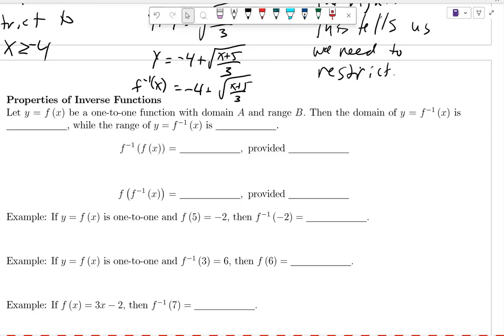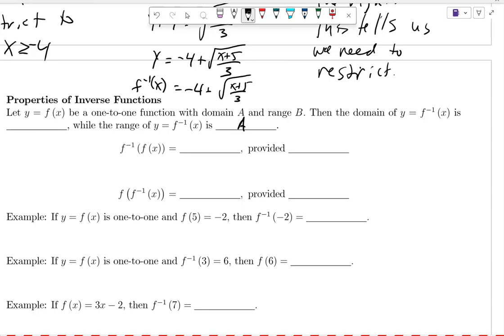Range is what comes out, right? Okay. So what goes into the original function has to come out of the inverse, right? So if the domain of the original is A, the range of your inverse must be A. What goes into the original comes out of the inverse.